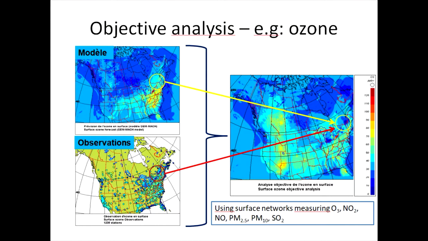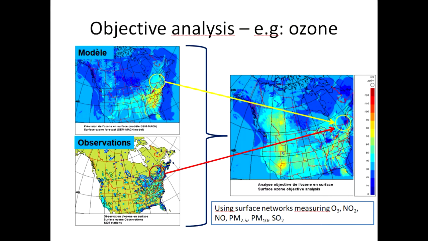So we believe that this provides the best possible compromise estimate of air quality for that given time. And it has the advantage of covering the whole domain, as opposed to the observations that are really valid only where they are measured. So we do that not only for ozone, but also for NO2, NO, PM2.5, PM10, and SO2.